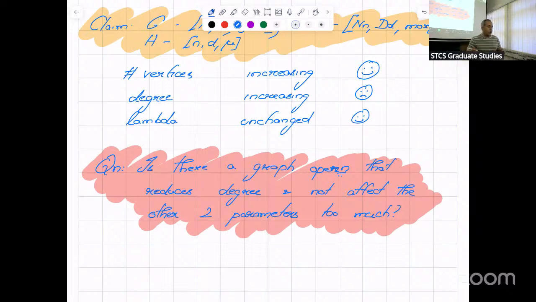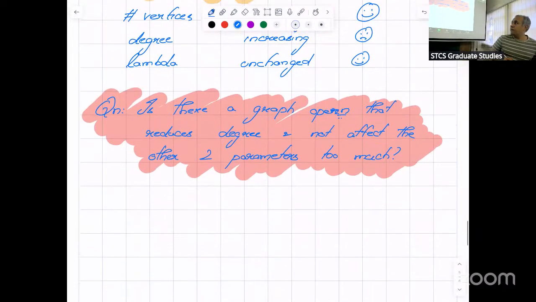So the question is, what is this operation? The motivation for this is very clear. Why do we want this? We have two operations, both of which work well with respect to the number of vertices and lambda. Each one of them does a good thing for one and doesn't affect the other one very much. But both of them, with respect to degree, behave badly. They keep on increasing the degree.